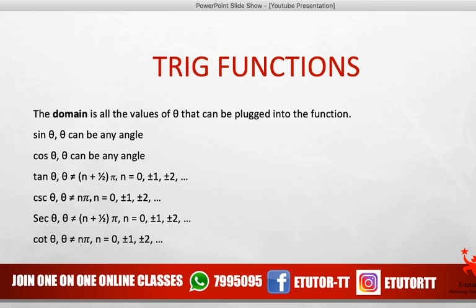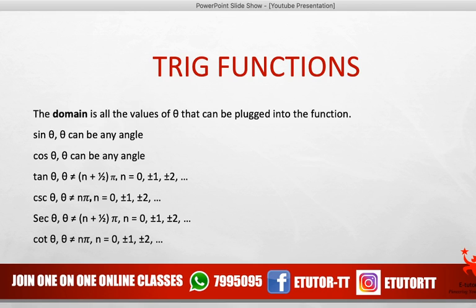Csc theta is not equal to n times pi, where n is equal to 0, positive or negative 1, positive or negative 2, positive or negative 3, and so forth. Sec theta is not equal to n plus 1/2 times pi, where n is equal to 0, positive or negative 1, positive or negative 2, and so forth.